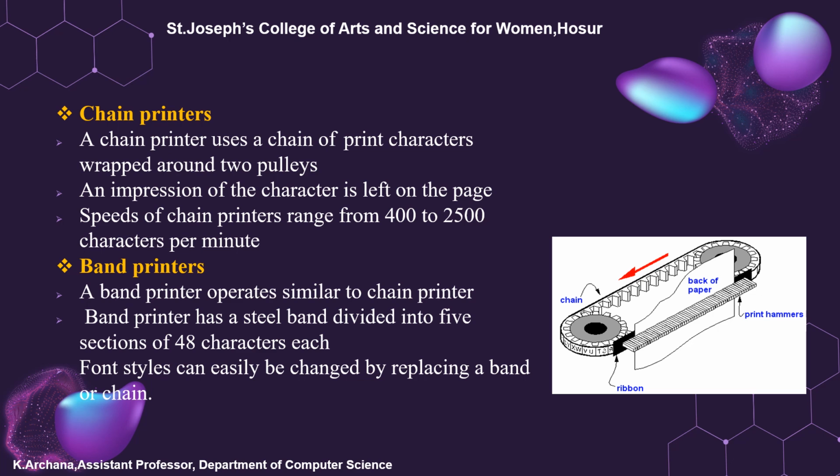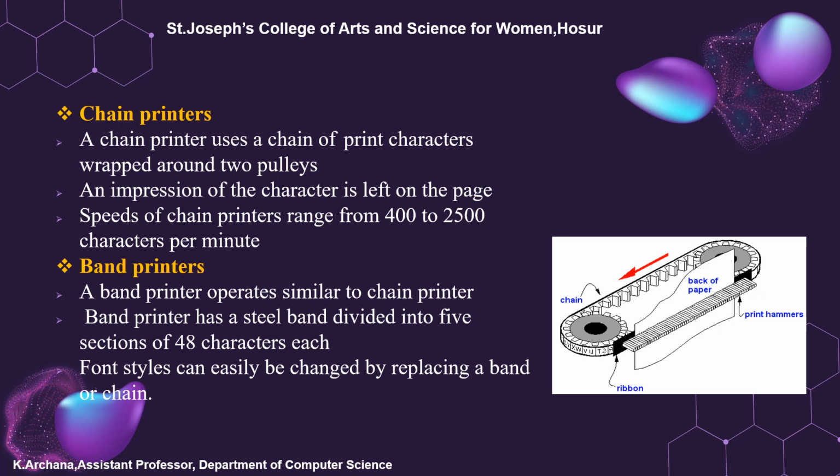Next one is the chain printers. A chain printer uses a chain of print characters wrapped around two pillars. An impression of the character is left on the page. Speeds of chain printers range from 400 to 2500 characters per minute.